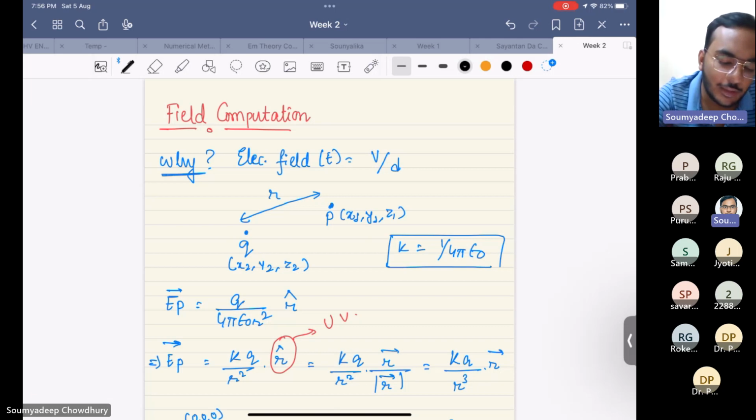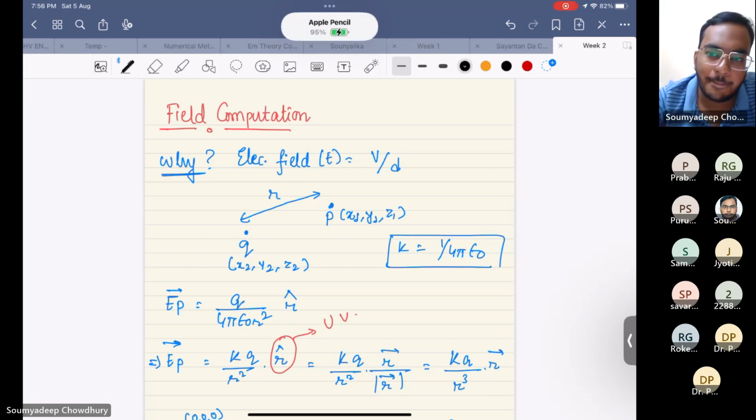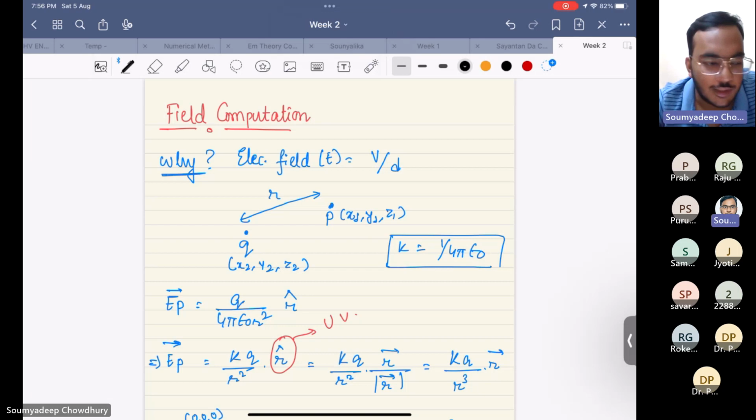Are you presently working anywhere? Yes, I am working at Anna University, Chennai. I'm not basically a high voltage engineer. I'm power system, but I have done some work on surge arrestors.